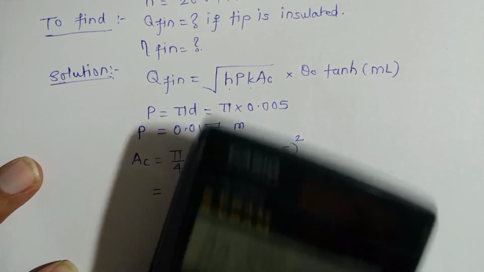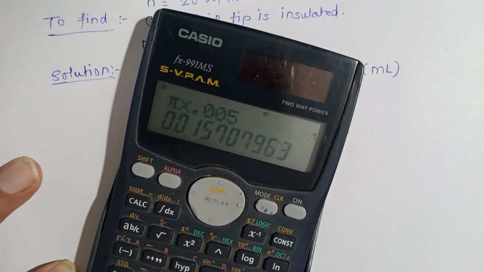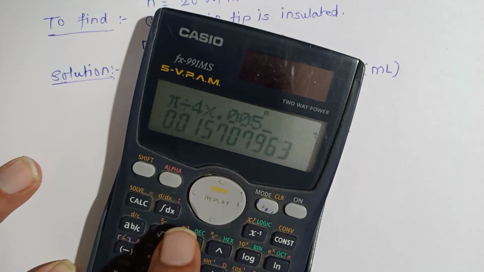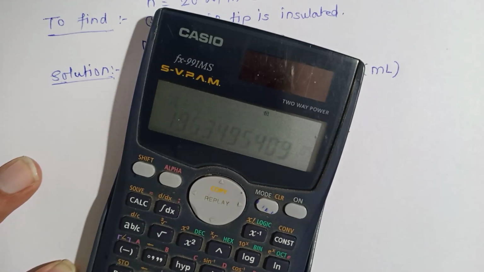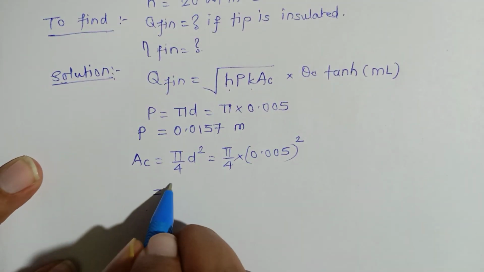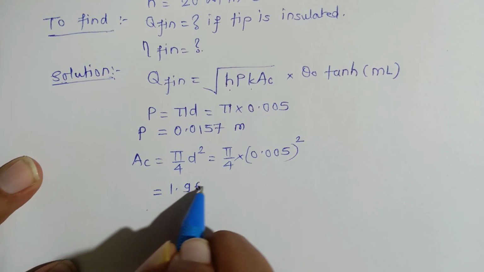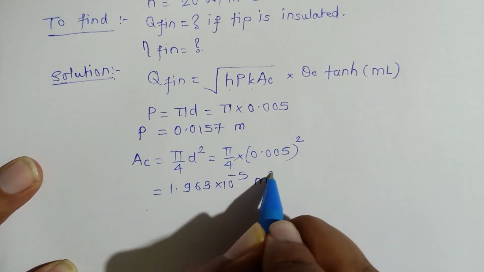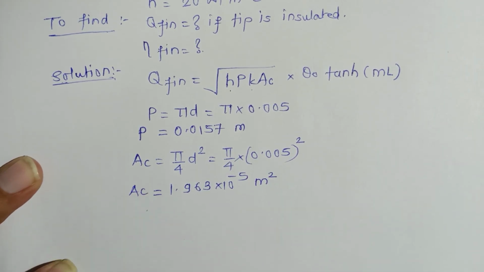So let us solve it. That will be 1.963 into 10 raised to minus 5. So I will write it over here. 1.963 into 10 raised to minus 5 meter square is the cross-sectional area Ac.